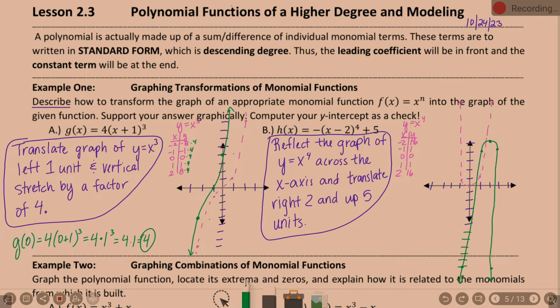We'll get into some fancier ones here in a bit. Shall we check our y-intercept? Which, yeah, we do know a y-intercept, don't we?